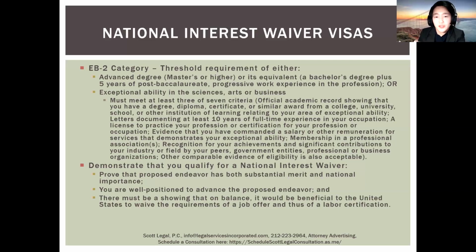And the reason why this is necessary is because the ordinary pathway to a green card in the EB-2 context is by showing that you have a job offer from a U.S. entity, and the U.S. entity must have gone through what is called a labor certification, which is testing the labor market to see if there is any other qualified U.S. individual who can serve that role to replace you.